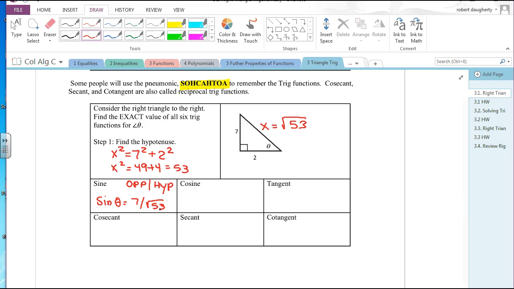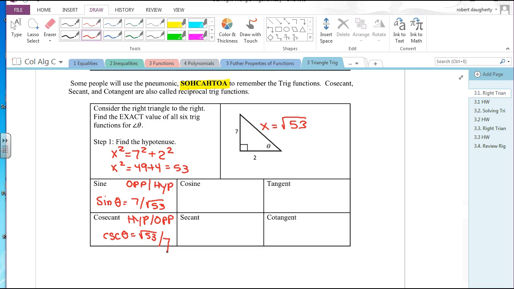The cosecant is the what function relative to sine? Reciprocal. So the cosecant is the hypotenuse over opposite. So what is the cosecant of this angle? Yeah, it's just the square root of 53 divided by 7. What's the definition of cosine?